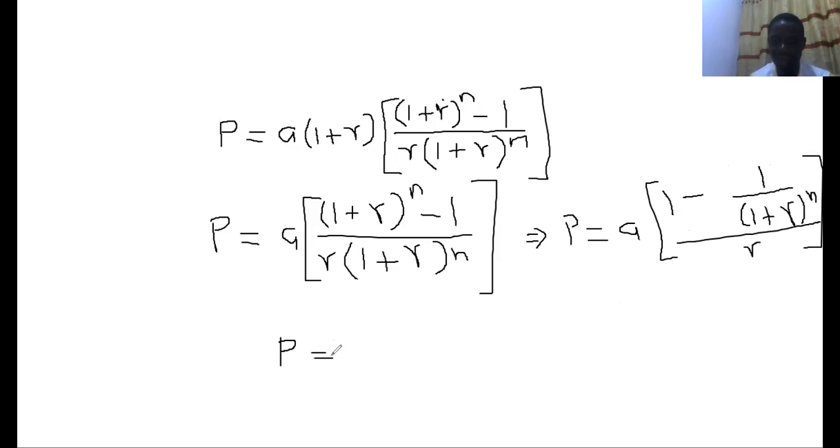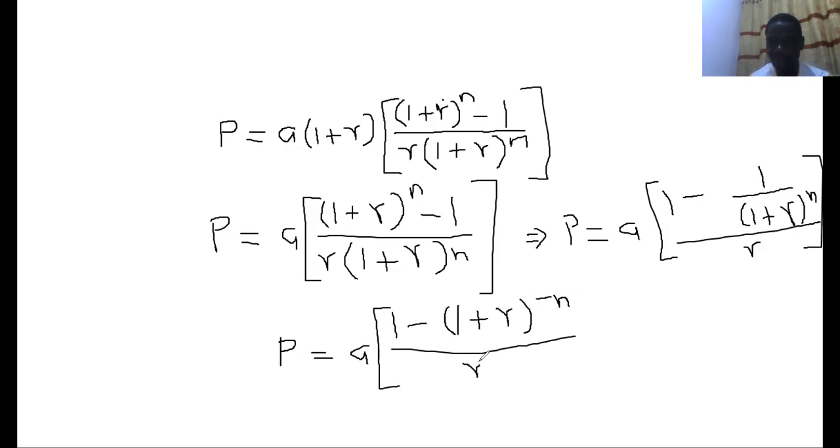So P will be equal to A, right? And then 1 minus 1 plus R, so 1 plus R, and then raised to negative N. If you want that, that is if you want 1 over 1 plus R to stand alone, then all over R. So this is another.